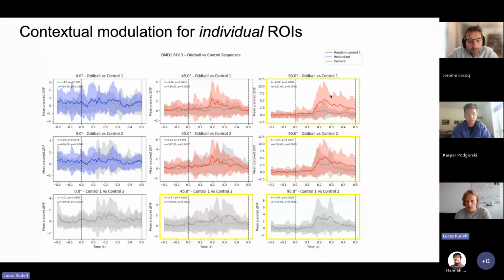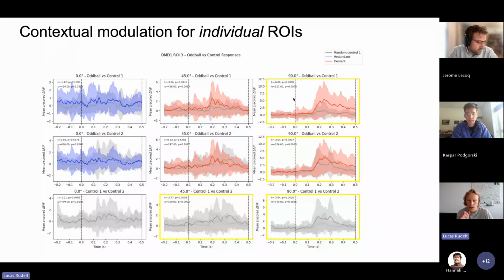And this is, for example, a case of an ROI that has a significantly different response to a deviant stimulus. Here, the response is strongly enhanced, which then also shows in the later response. So there seems to be a short-term modulation and also long-term adaptation of the response. So there's interesting stuff happening also on the single ROI level.